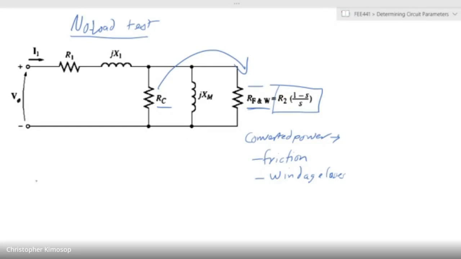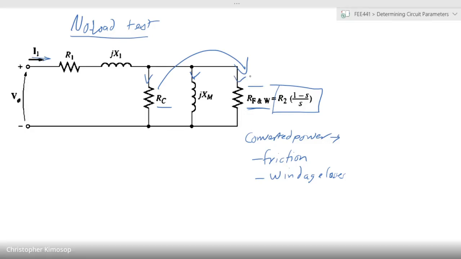Now, once we look at this circuit in the way it is flowing, you have your input current, and your input current splits into three possible arms.